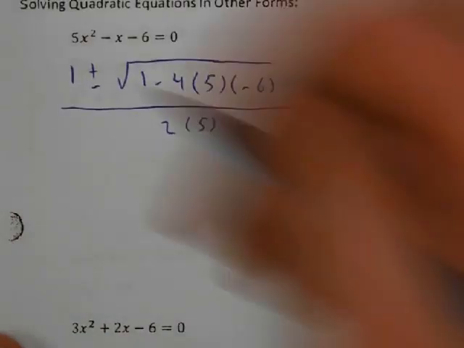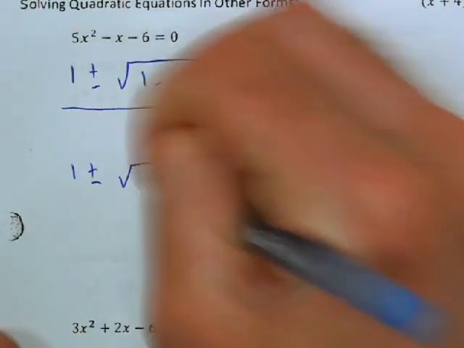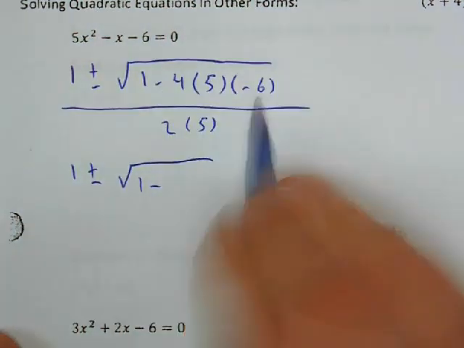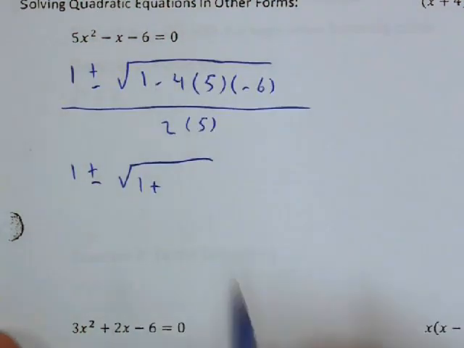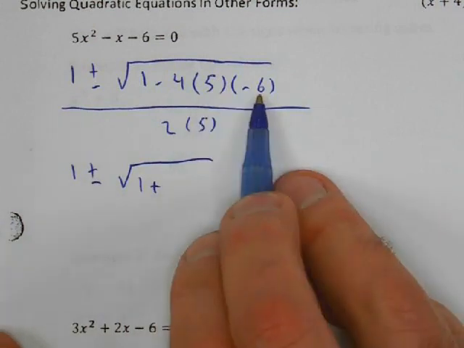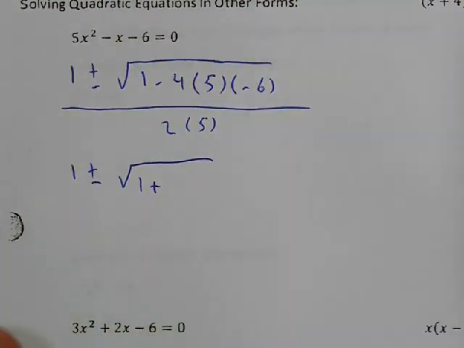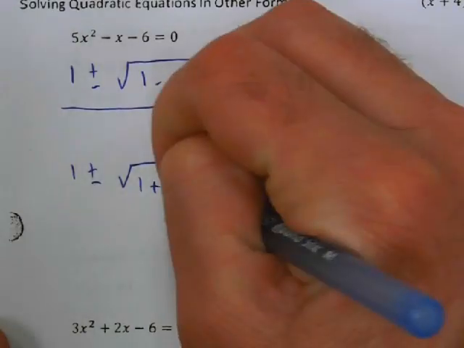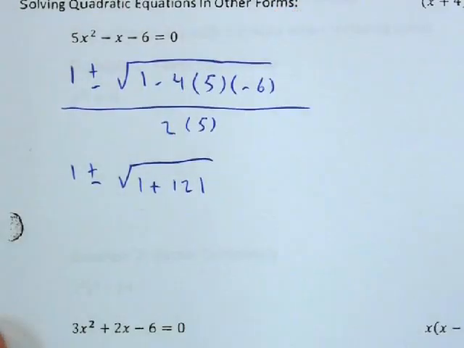Okay, so that's going to be 1 plus or minus the square root of 1 minus, and then it's going to be minus a negative number, so it's going to change it to a plus, and then 4 times 5 is 20, times 6, 20 times 6 we get 120, which gives us 121.